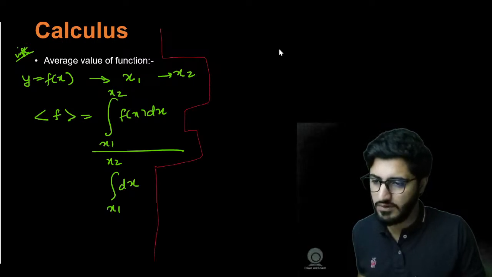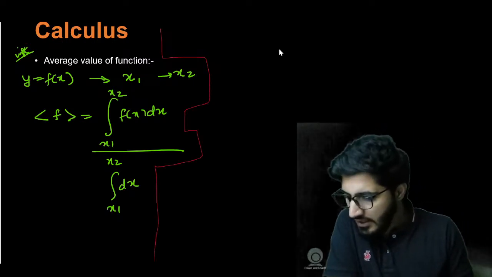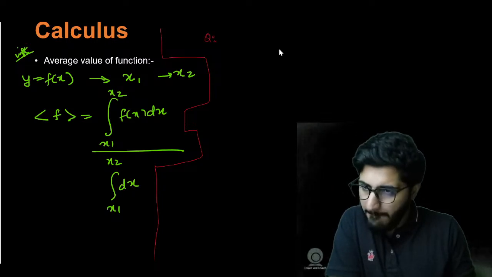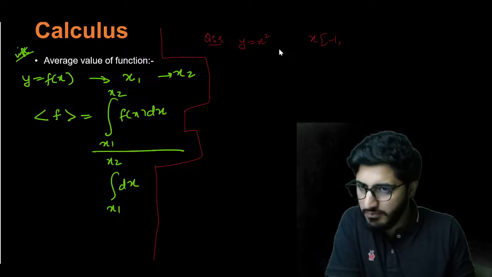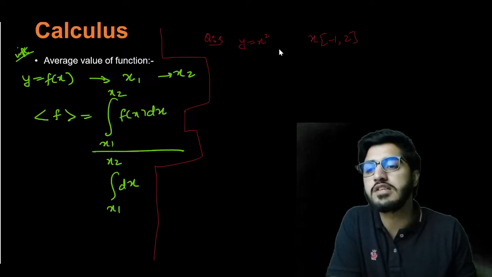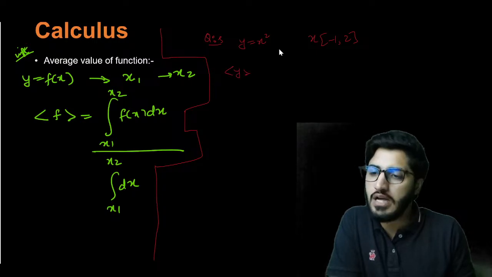Look now, if we have a question like y equals x square and the limits are given as -1 to 2, we have to find the average value of y. So what will be the average value of y?